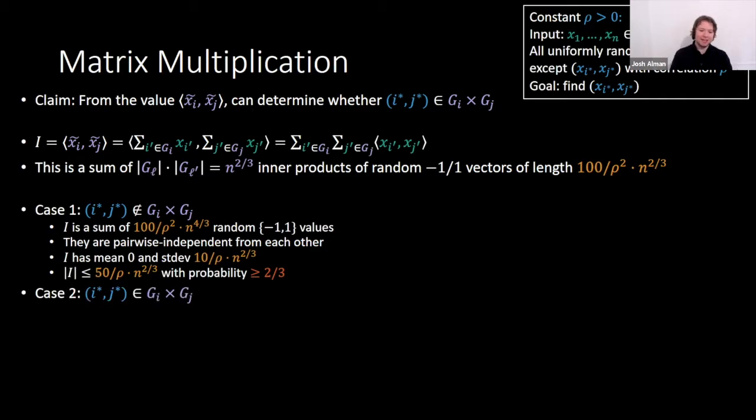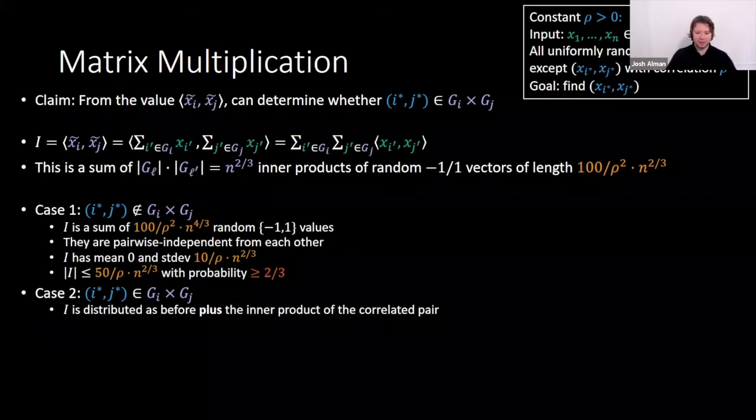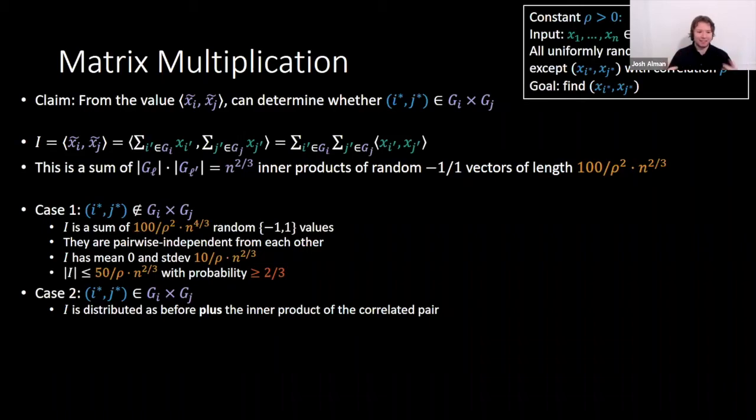Case 2: the correlated pair is in this pair of groups. Now the inner product is distributed like before, plus the inner product of the actual correlated pair of vectors. So its standard deviation is the same as before, but instead of having mean 0, its mean comes from the correlation of the correlated pair.